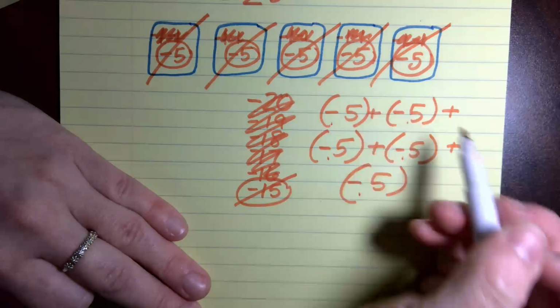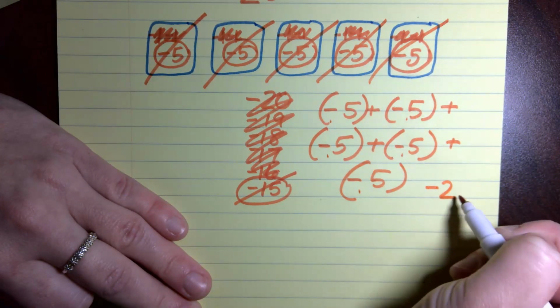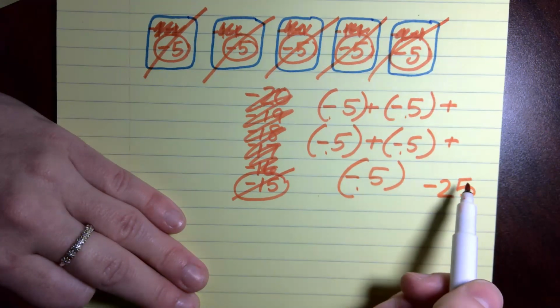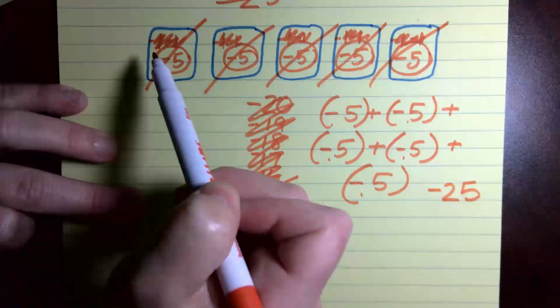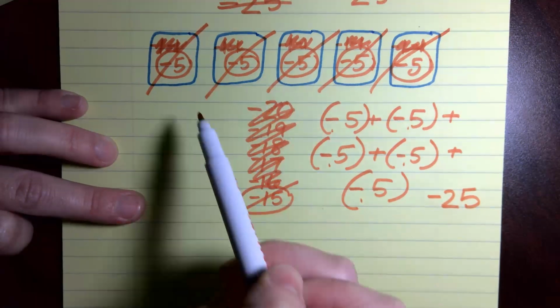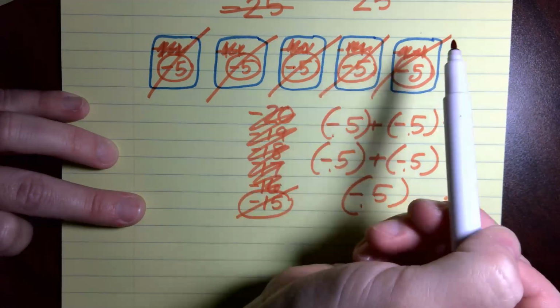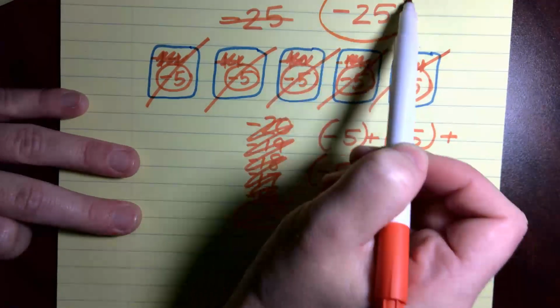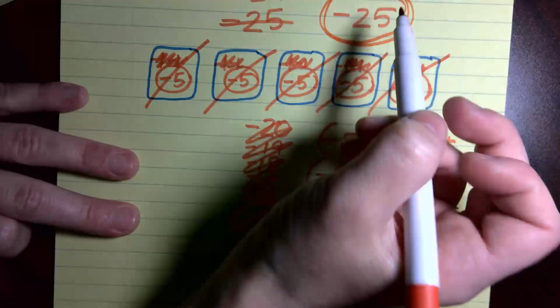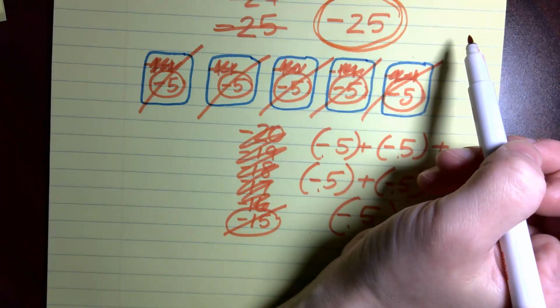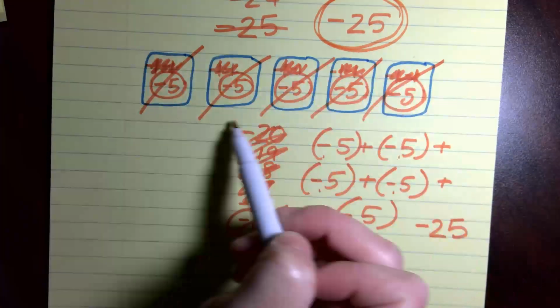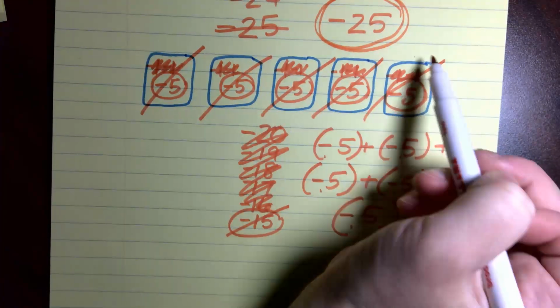When I add all that together, I get -25. If I was working with +25, then every time I put a piece into each box, I'd be putting +1, +1, +1, +1. But just because it's a negative, you are going to get a negative answer when you are dividing into sections like this.